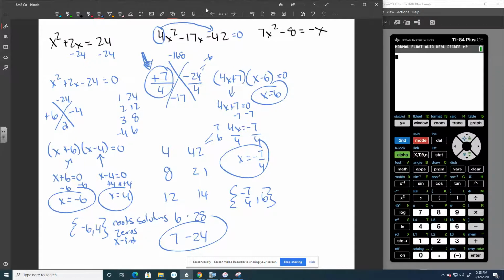Now this last one is another one that isn't set equal to 0. So we just make it equal to 0 by adding the x to both sides. So this becomes 7x squared plus x minus 8. So this looks a little bit messy, but because this is such a small number, I think it's going to actually turn out to work a little easier than normal.